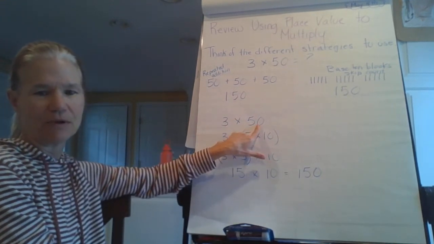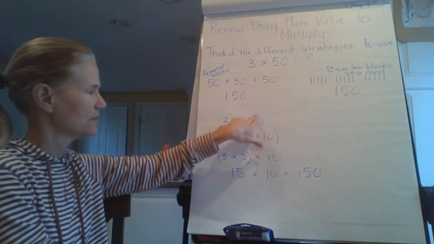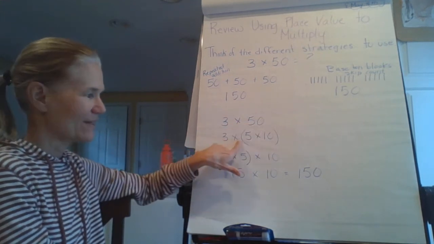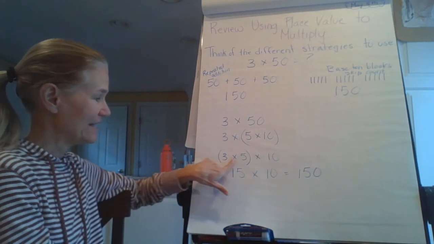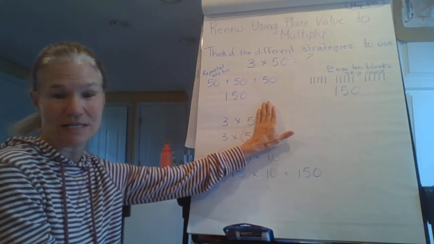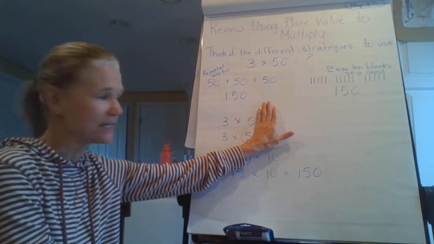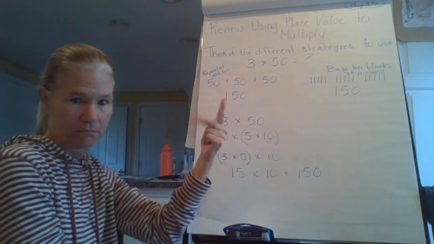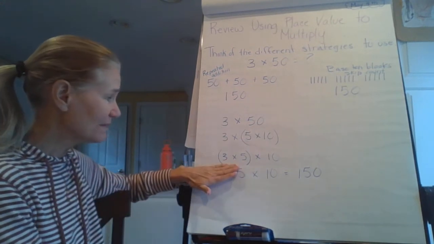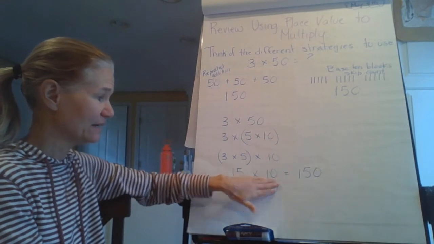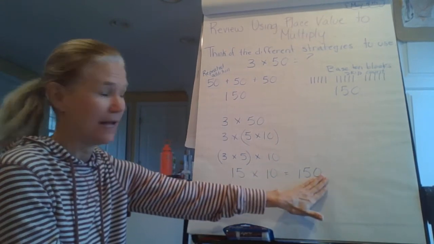Anytime you use that multiple of 10 as a factor, 50, break it apart. Get your simple fact, 3 times 5. That's easy. You guys know your basic facts. Or you know how to count by 5. And then anything times 10 is itself, add a 0.